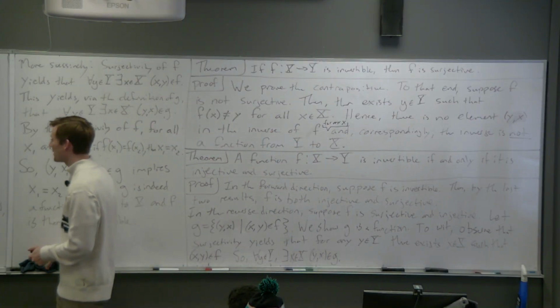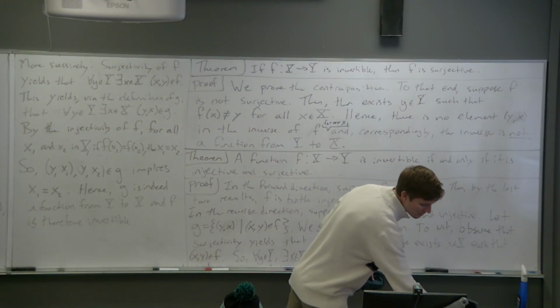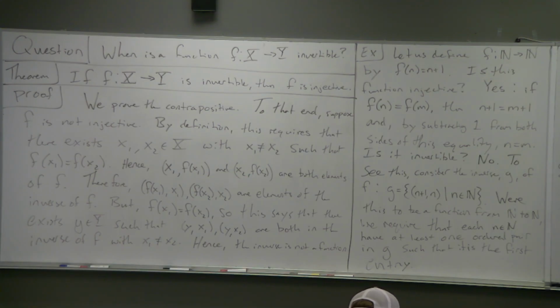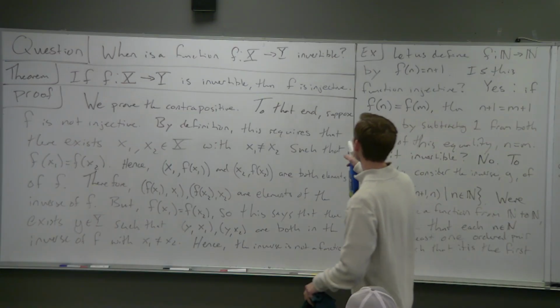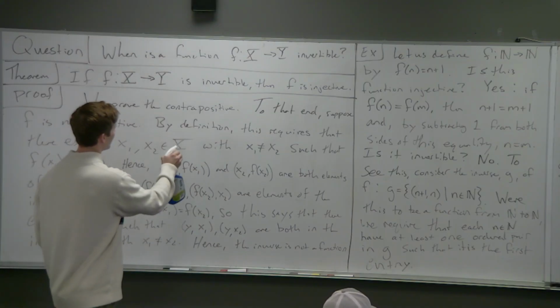There's something that we didn't end up touching back on yet, which we talked about at the very beginning. We've said, hey, when do you have an inverse function? When can you flip everything and still get a function? But this is actually kind of a strong property, as we can see, right?